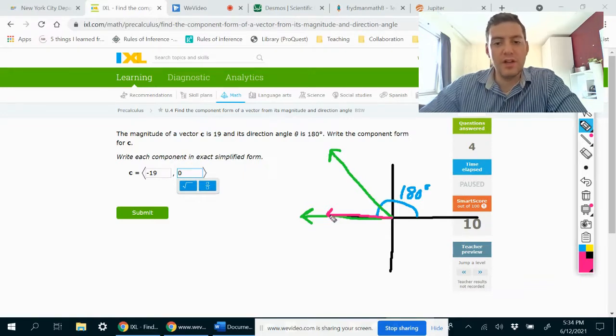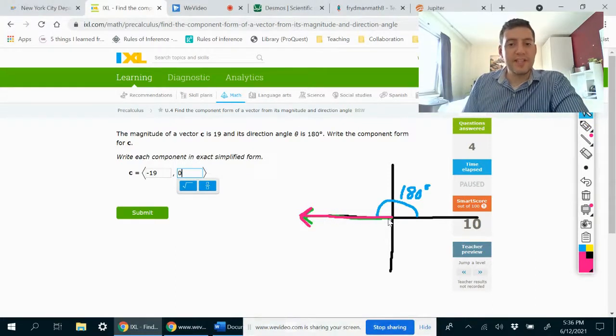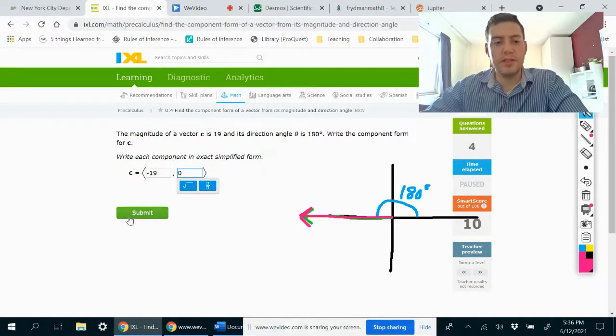It would be somewhat shorter than that. And the vertical component would also not be 19. But since this vector is completely horizontal, its horizontal component is the same as the vector itself. So the horizontal component is negative 19, and there is no vertical component whatsoever. So the vertical component is 0.